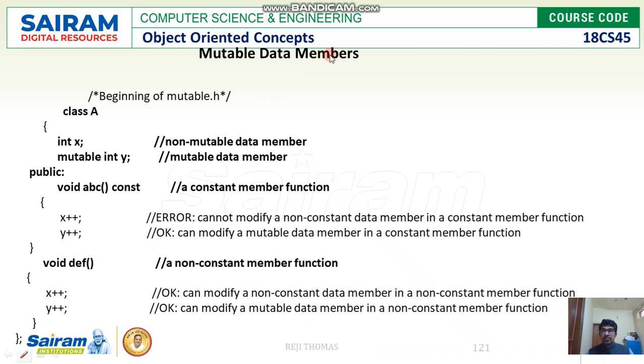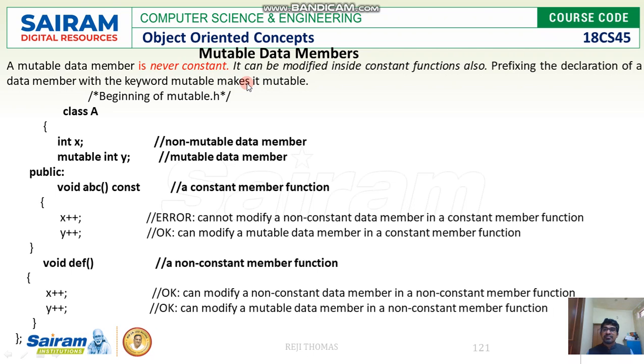So next is mutable. This is very interesting, where you think that you have a function which you have defined as constant, but still you want to access it. So if you say a data member is mutable, which is never constant, anybody can access it.